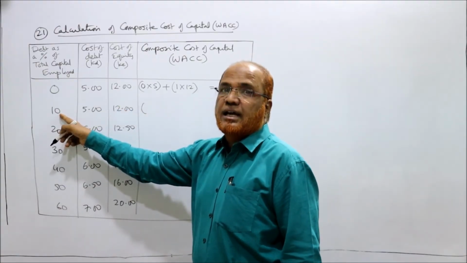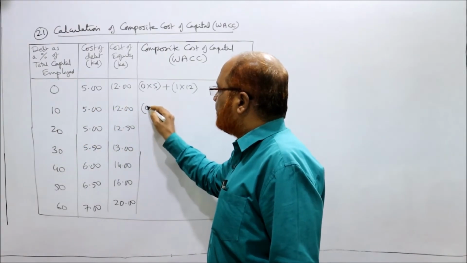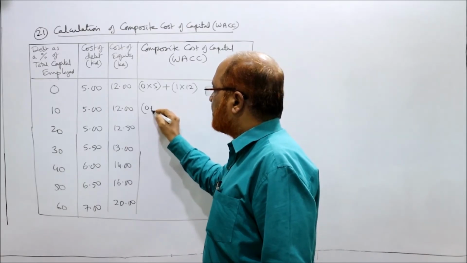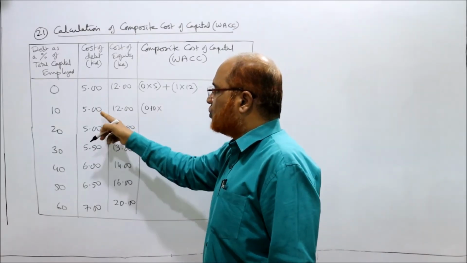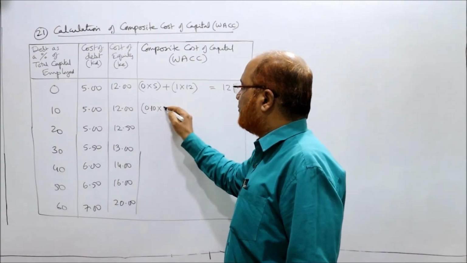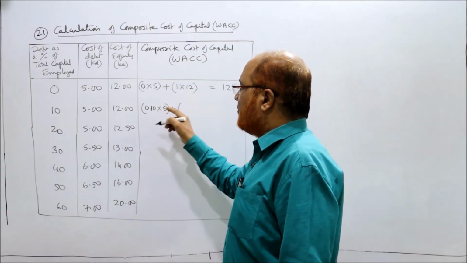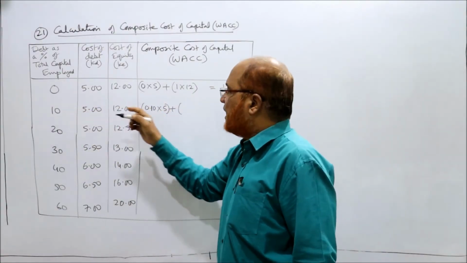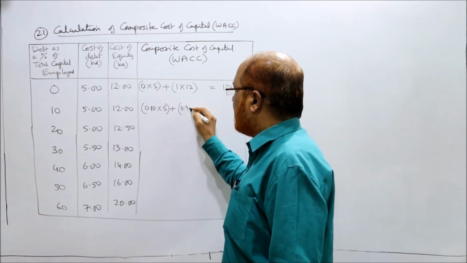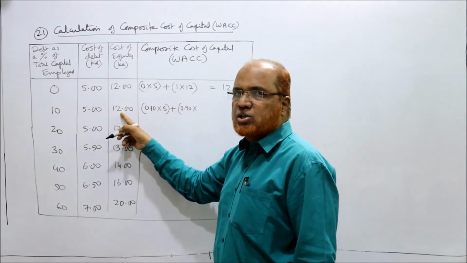10% is the debt, so 0.10 into what is the cost of debt? 5%, plus when 10% is the debt, 90%, 0.90 into what is the cost of equity? 12.